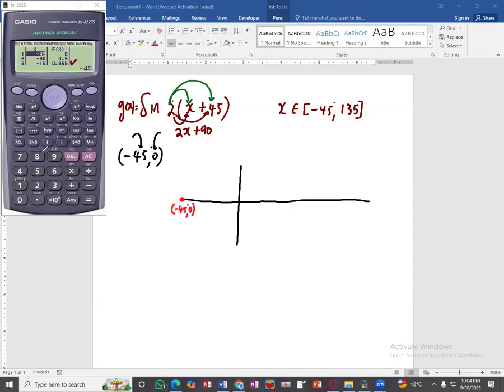Now, minus 30 and 0.5. I'm going to show this one, minus 30 and 0.5. Minus 30 is here, so this point here is 0.5.